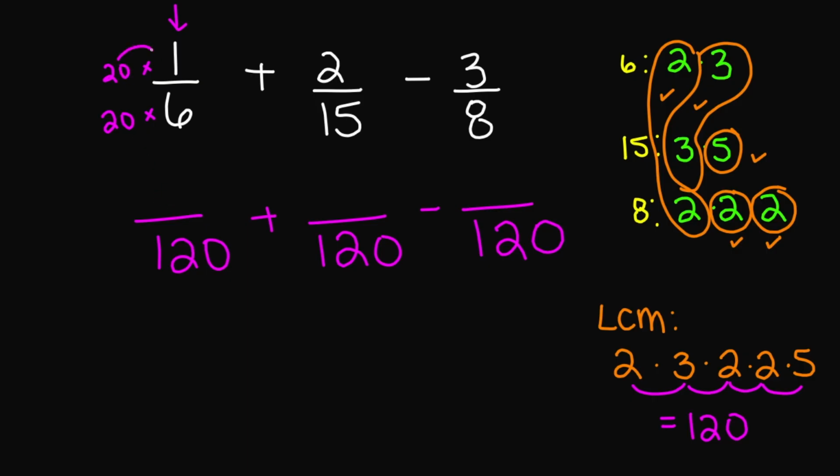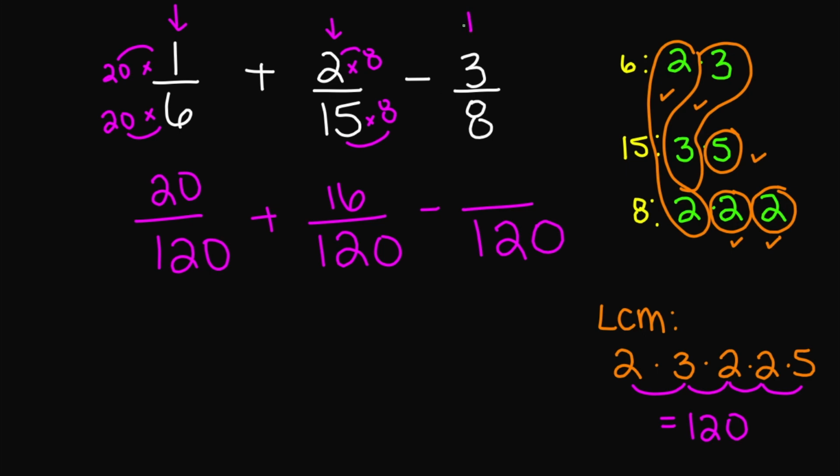So 20 times 1 is 20, and then 20 times 6 is 120. Next here, this fraction here, what number times 15 is going to give me 120 in my denominator? And that's going to be the number 8. If I multiply 2 times 8, that's going to give me 16. And then 15 times 8, that's 120, and that's perfect. That's what we're looking for.